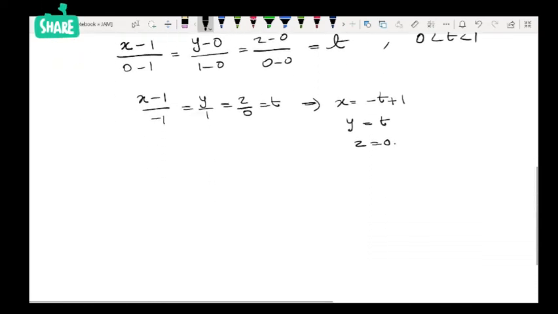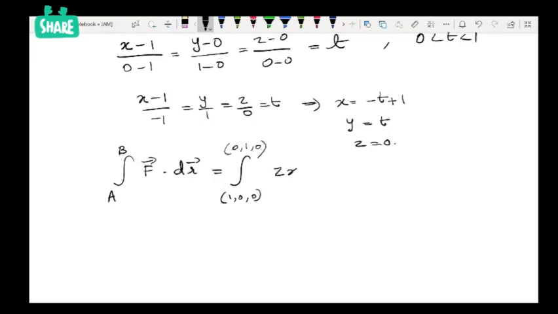So integral A to B f dot dr is equal to integral, the point A is 1 0 0, point B is 0 1 0. F dot dr will be zx dx plus xy dy plus yz dz.